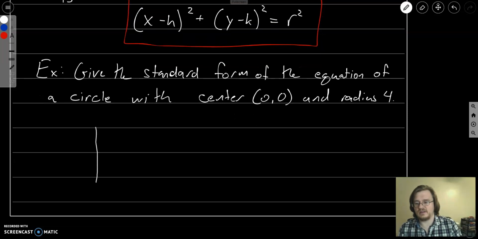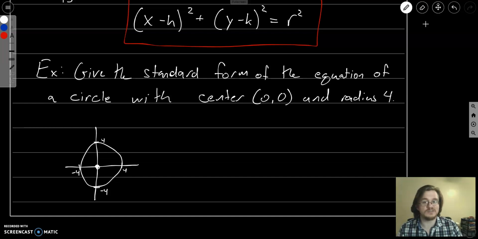So we can imagine that we've got our coordinates, our center at 0, 0, and a radius of 4. So our circle will be centered there, and it will pass through -4, 4, -4. It has the same radius all the way around, so it should pass through all these points.